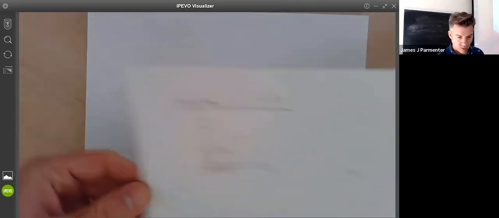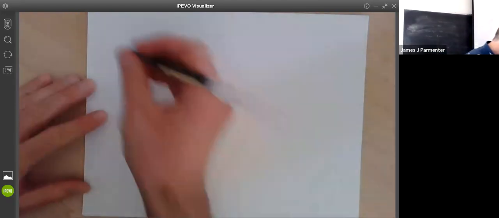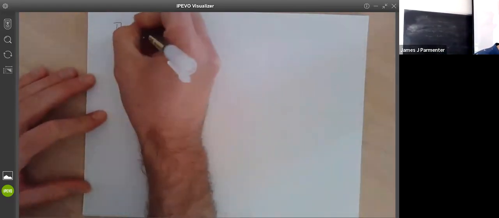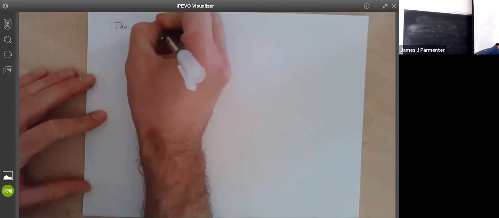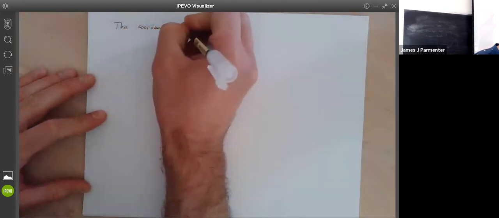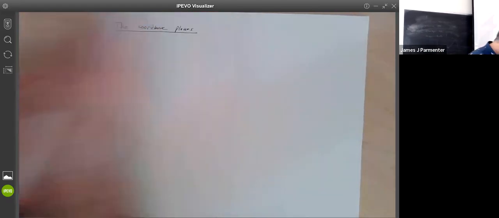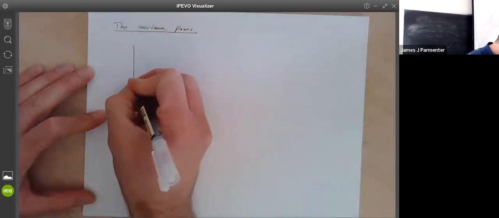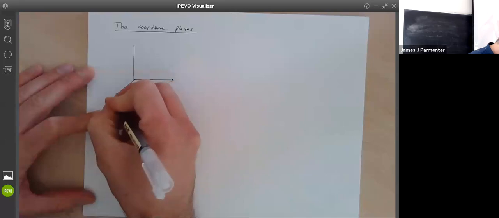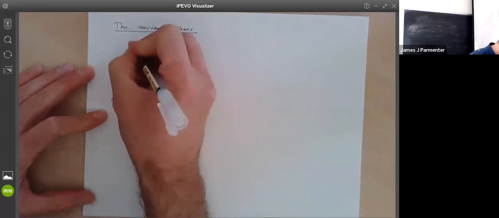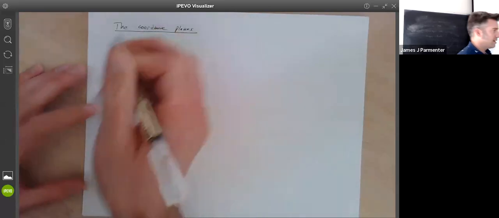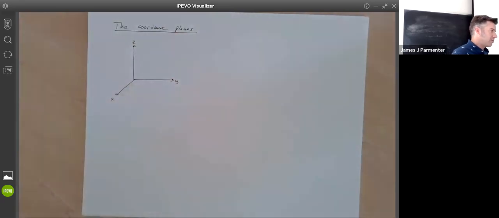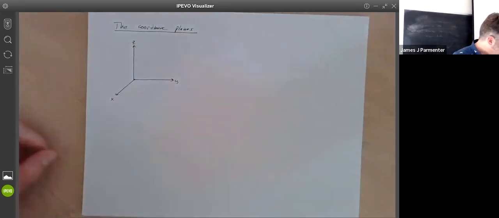Let's talk about the coordinate planes, when you draw this XYZ coordinate system. Just like you can't draw an entire line, you can't draw an entire plane. It's infinite, so is a line, so we do our best.